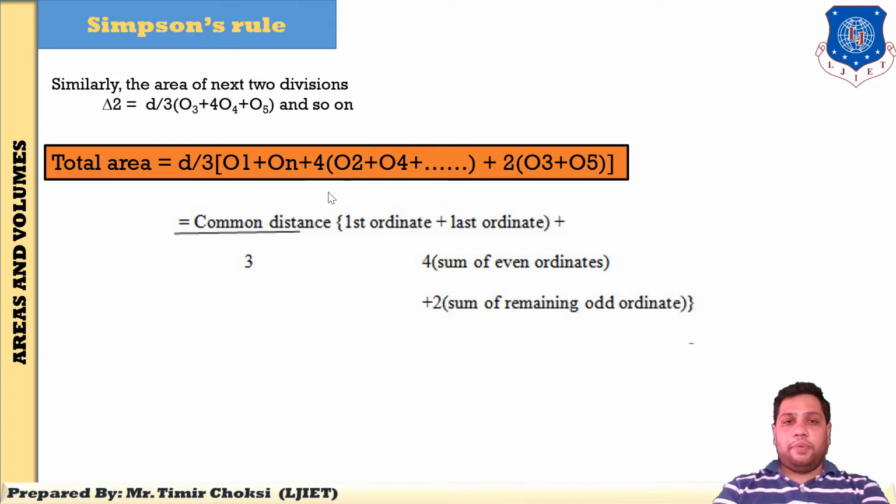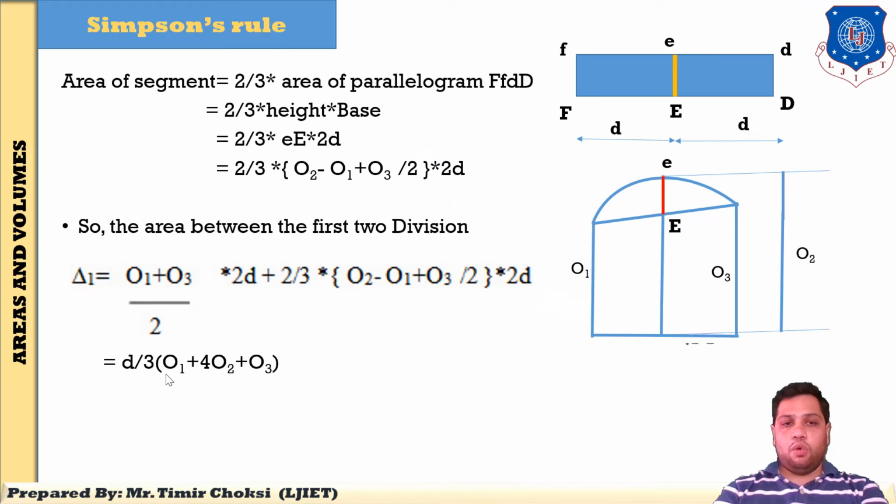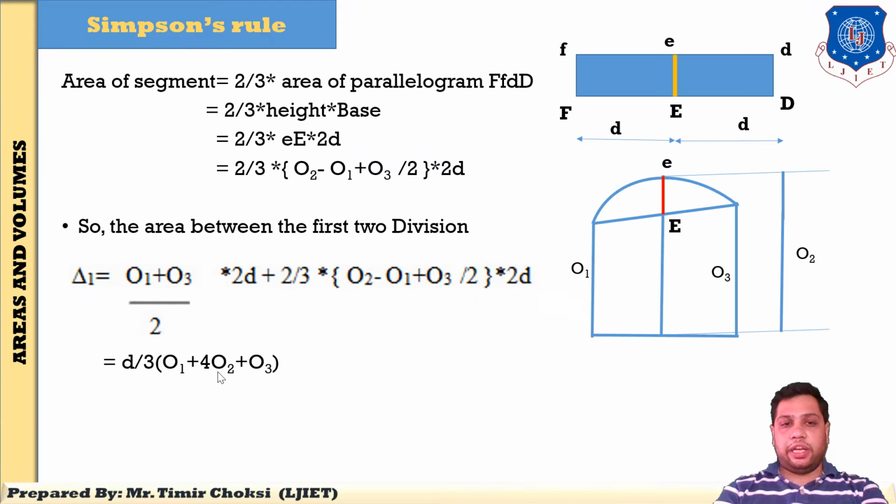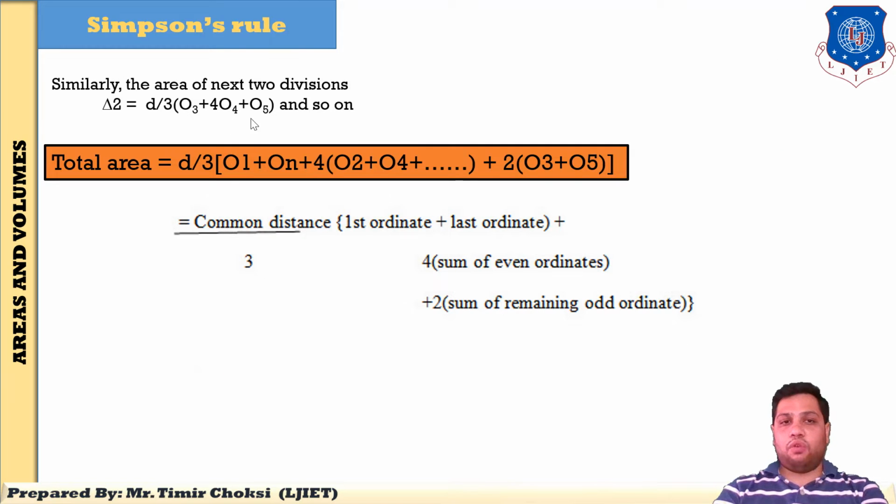So you write directly the formula: total area equals d by 3 (first ordinate plus last ordinate, that is O1 plus On, plus 4 in bracket sum of even ordinates). Why? Because here clearly seen, 4O2 and then 4O4. So the even ordinates are multiplied by 4, and 4 is common: O2 plus O4 and so on.